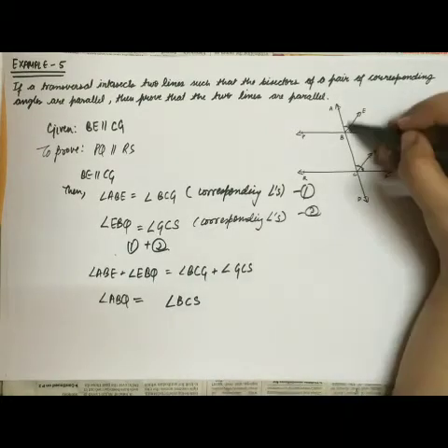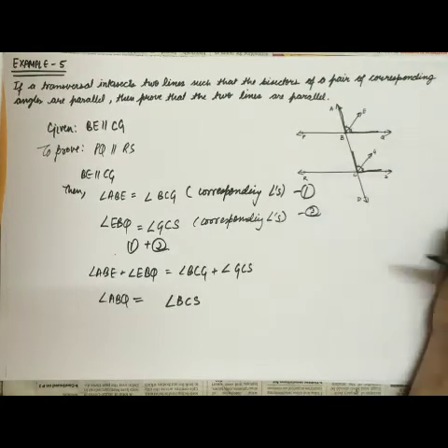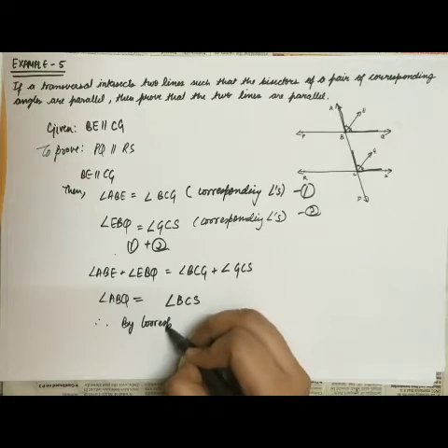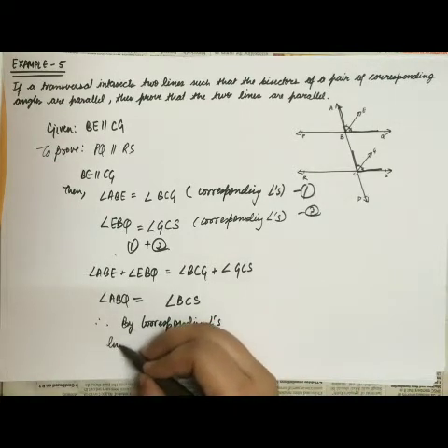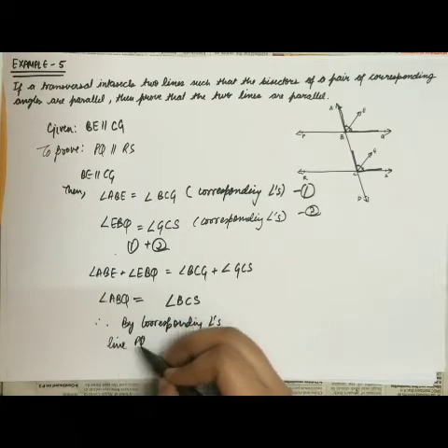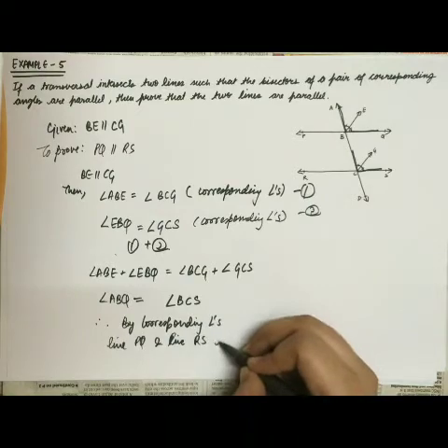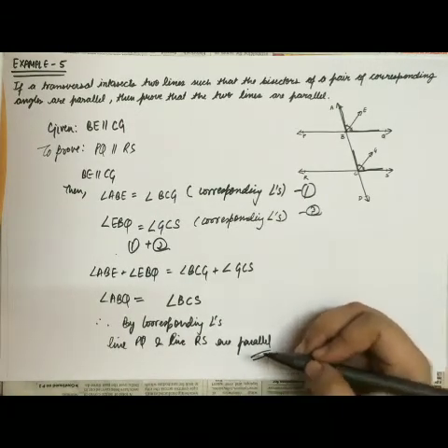Now we can see that this whole angle and this whole angle are equal. Therefore, by corresponding angles, line PQ and line RS are parallel. Hence proof.